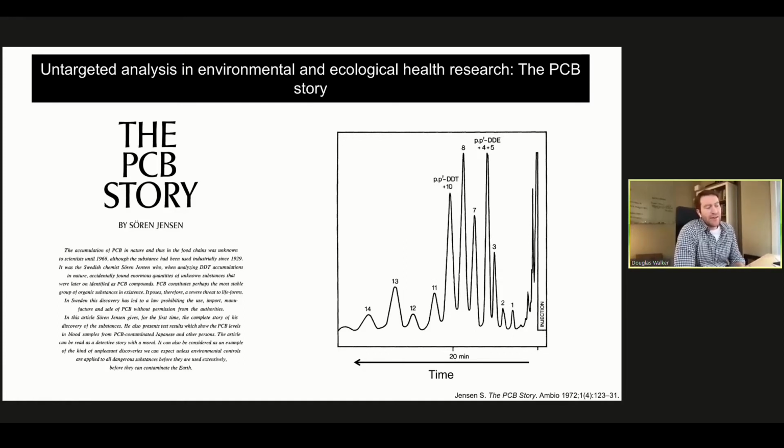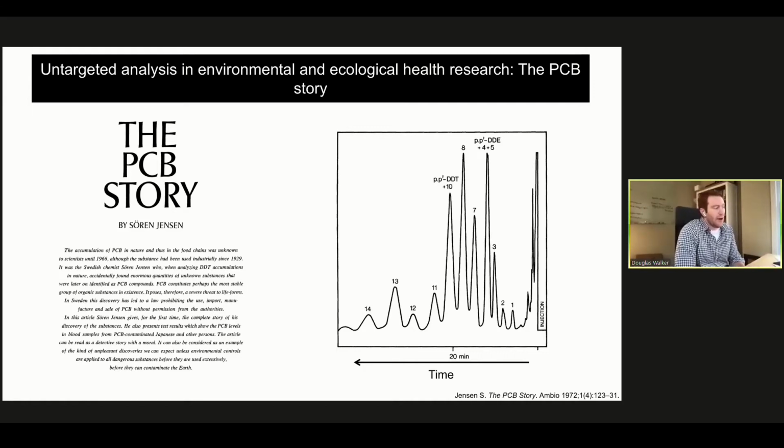But really, even some of the most traditional exposures or persistent exposures that we've been studying for decades were really initially identified using untargeted methods to characterize biological samples. In this case, they were tissue samples from birds and other species. And so, I just want to take us on a quick history lesson here and describe the PCB story.